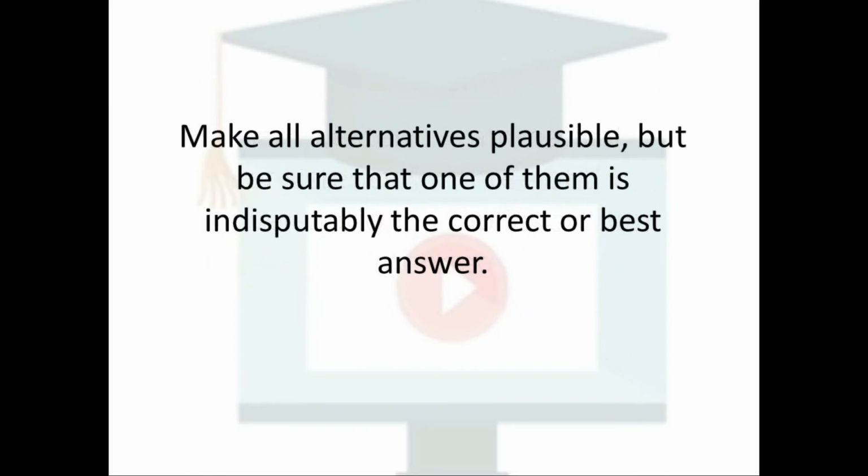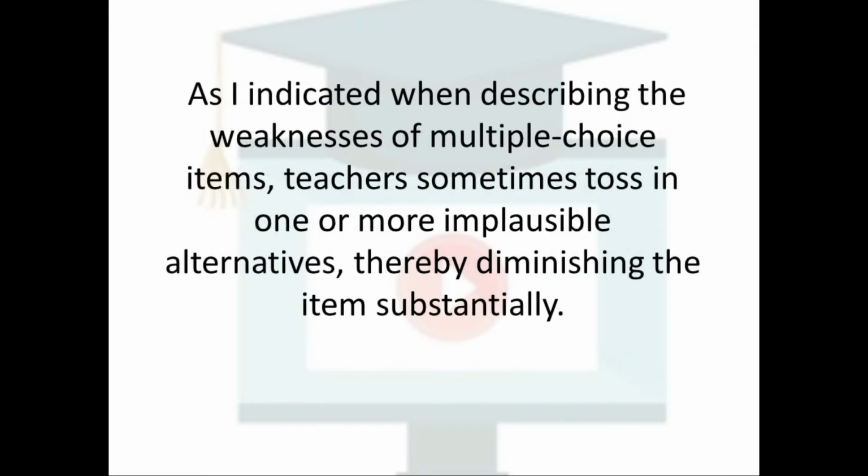Make all alternatives plausible, but be sure that one of them is indisputably the correct or best answer. As I indicated when describing the weaknesses of multiple choice items, teachers sometimes toss in one or more implausible alternatives, thereby diminishing the item substantially.